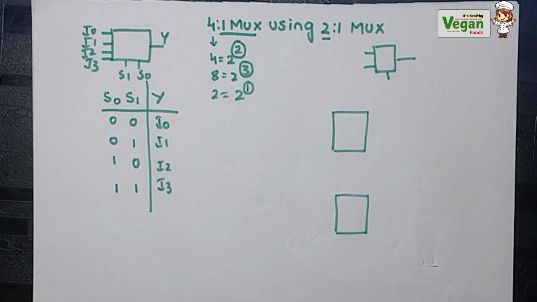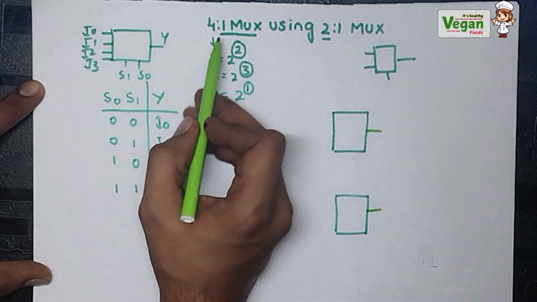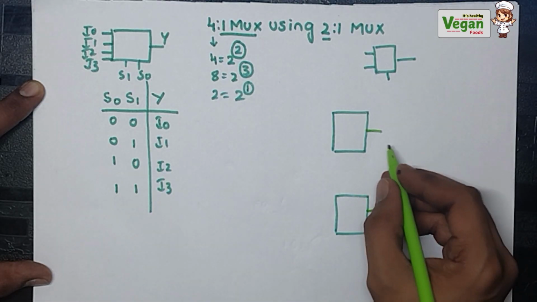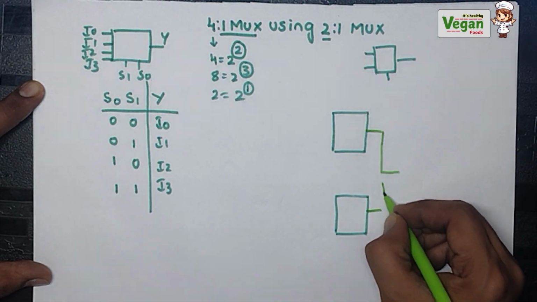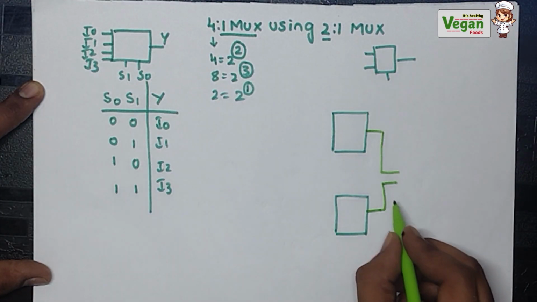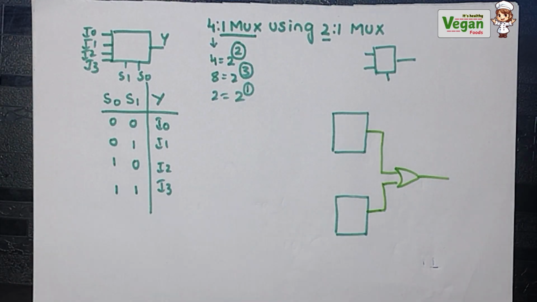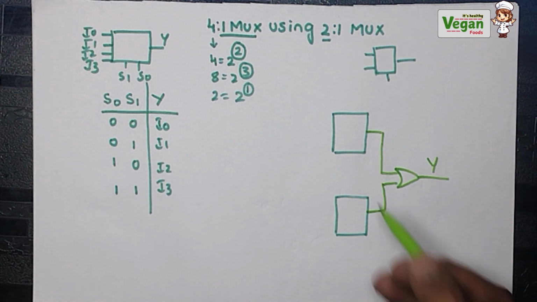Let's design the output first. Since the 4:1 mux will have only one output, we will add both 2:1 mux outputs to an OR gate. If we add them in an OR gate, we will get one single value. Next, the 4 inputs.